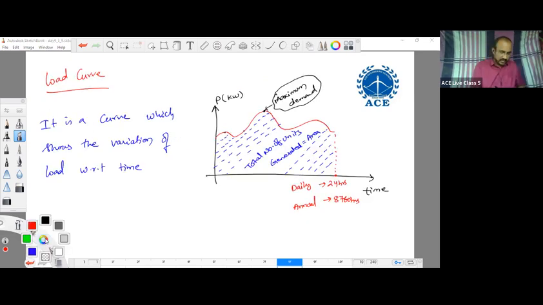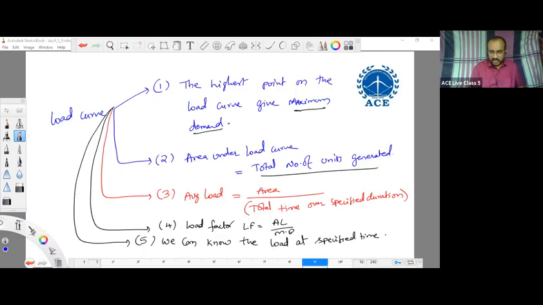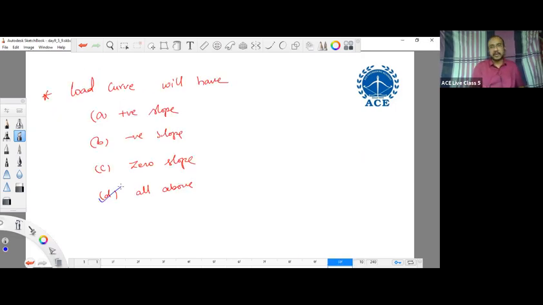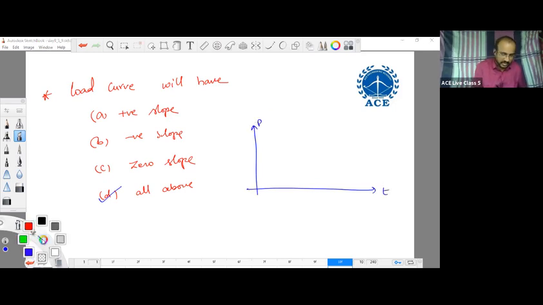It may have a positive slope. In this region, if you observe, it has a positive slope. At this point, it has zero slope, and at this point, it has a negative slope. So the load curve may have either positive slope, negative slope, or zero slope, because the load is not constant. The relation of load with respect to time is the load curve. It is not constant.